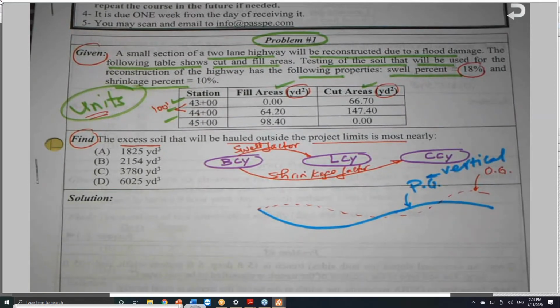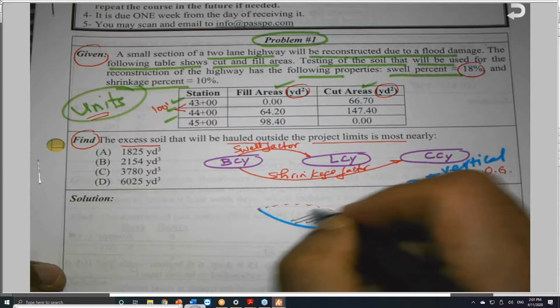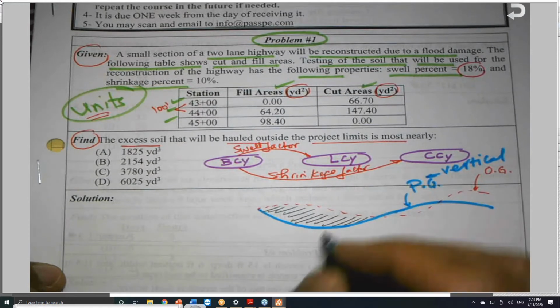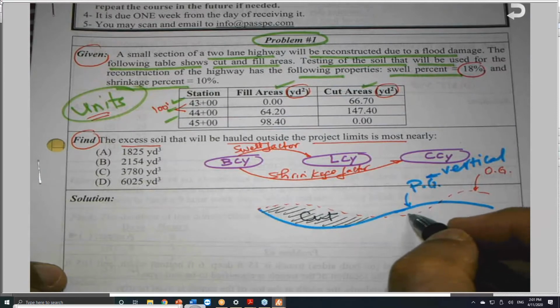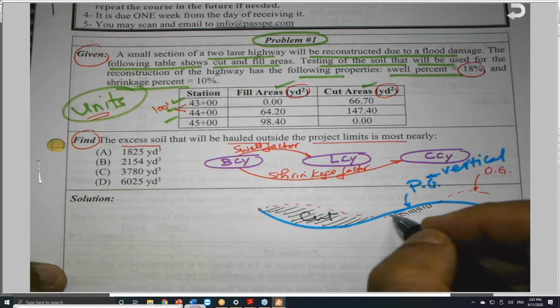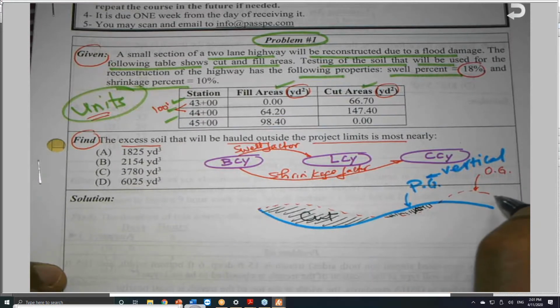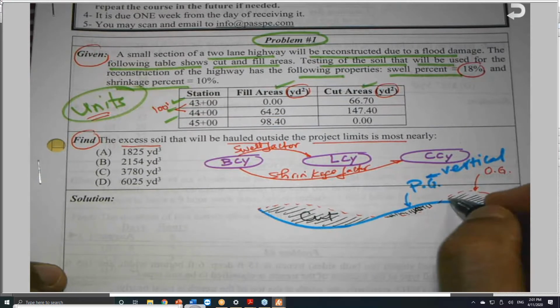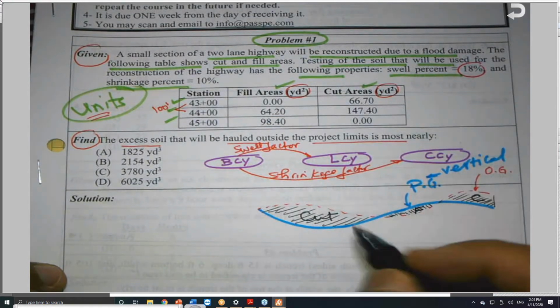As you can see here, we have a portion under the OG, so this is cut. And a portion of the profile is above, so this is fill. And finally, this is a cut. We're using C for cut and F for fill.